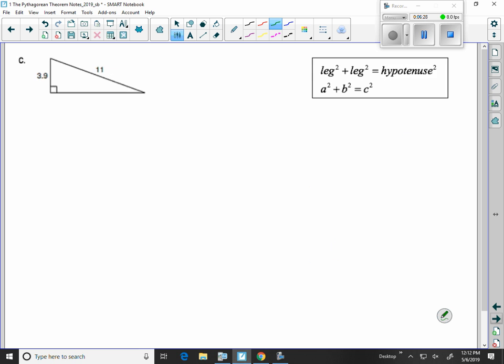All right, C, what side are we missing? You could do A or you could do B. It doesn't matter because they're both legs. I'm going to say I'm missing B. Now we haven't done this yet, so look up here.